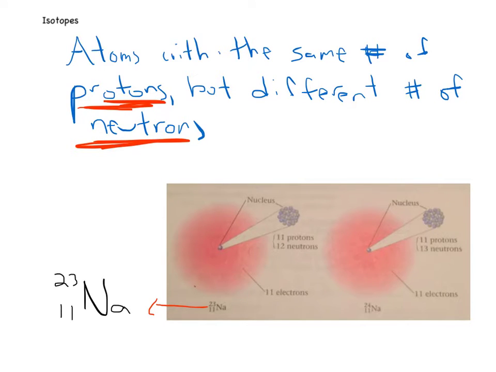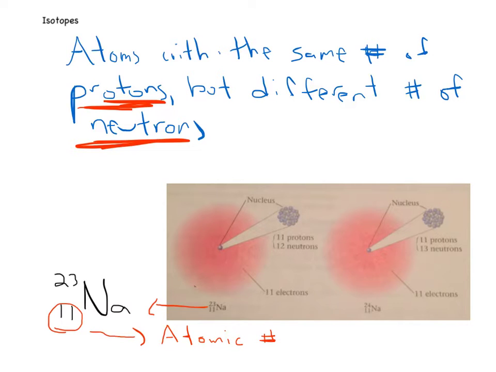We'll see this a lot this year in both the book and when we're talking about atoms, because this method gives a lot of information. So the first thing, let's take a look at this number. This number is called the atomic number.